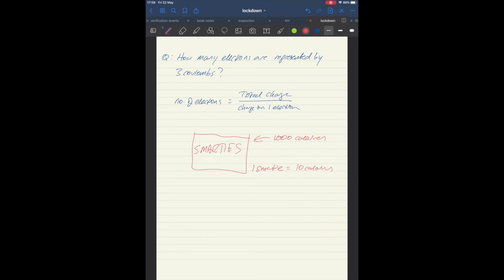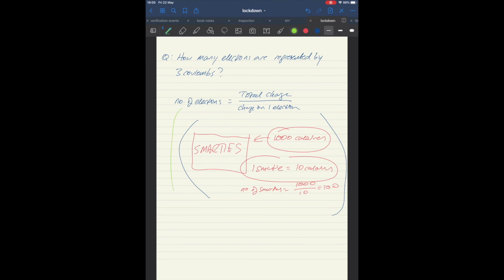The number of Smarties equals 1,000 divided by 10 equals 100 Smarties, right? So 1,000 calories in total in the packet, and if one Smartie's got 10 calories, the number of Smarties is 1,000 over 10. Here it's the same kind of idea. The number of electrons, the total charge, is like your total number of calories, and the charge of one electron is like the number of calories in one Smartie. Now, don't worry if that seems a bit strange. If it doesn't help you, don't worry.